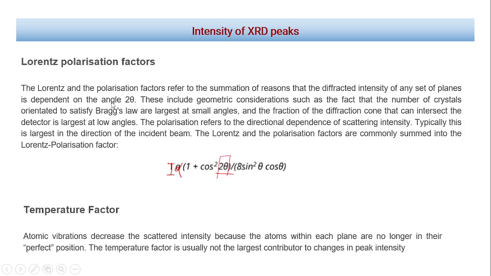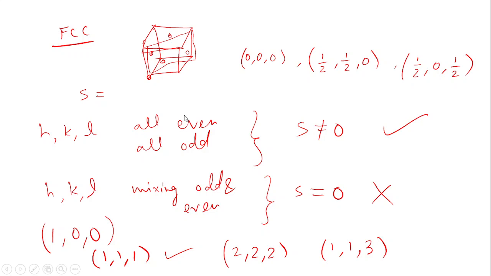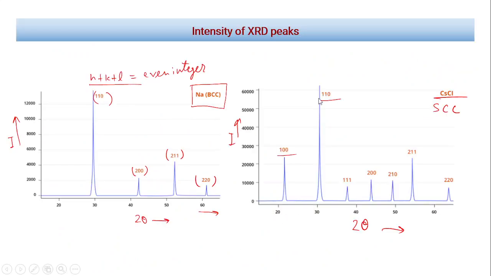So according to the Lorentz polarization factor, they include geometric considerations such that the number of crystals oriented to satisfy Bragg's law is largest at small angles, and that's why the intensity of peaks is more at small angles. This is a lot of concept, maybe not that important, we don't need to worry much, but as you can see, at smaller angles the intensity of peak is more.